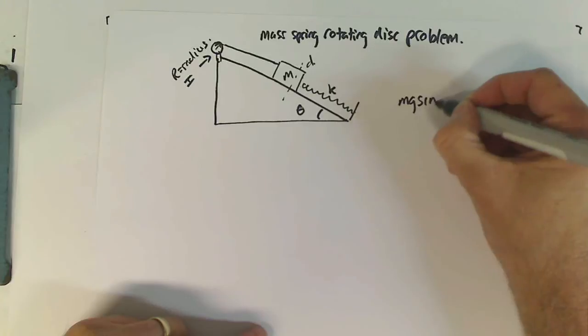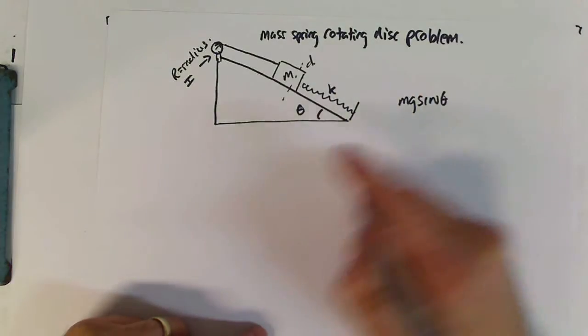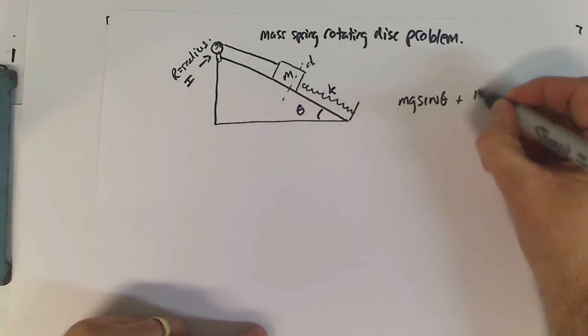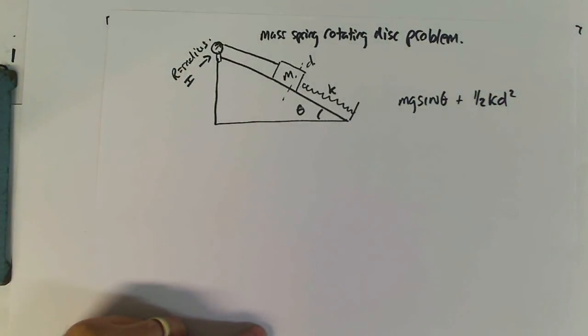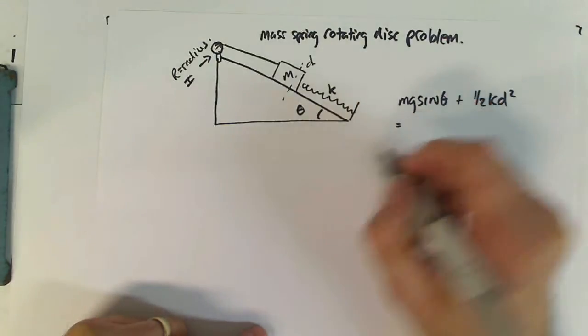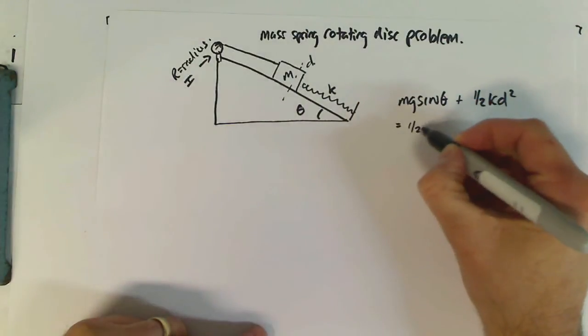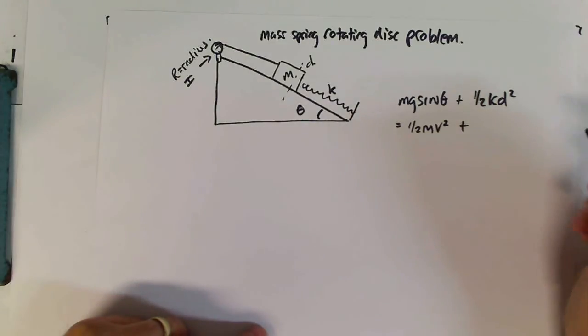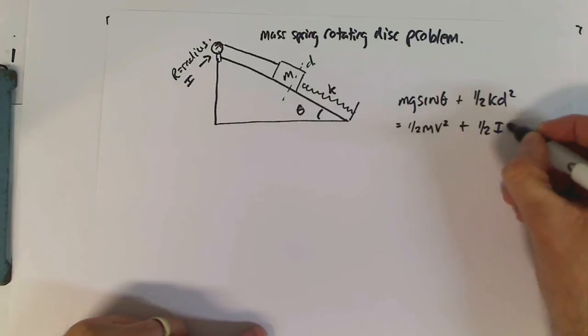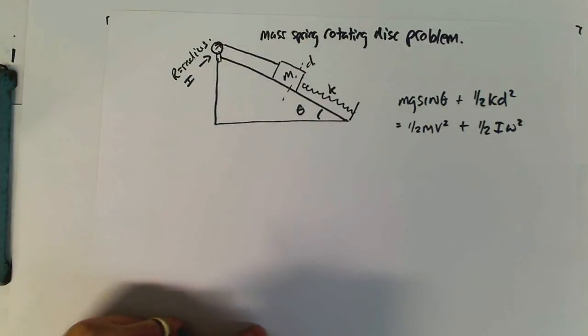So mg sine theta is energy gained, but we've also got some elastic potential, which is half kd squared. Now that all gets converted into two types of energy, 1/2 mv squared plus 1/2 I omega squared. So that's the energy equation.